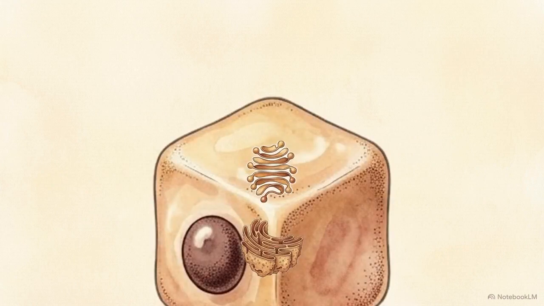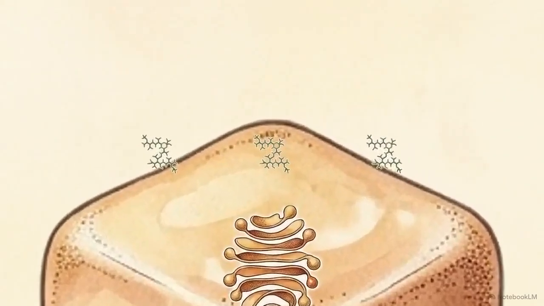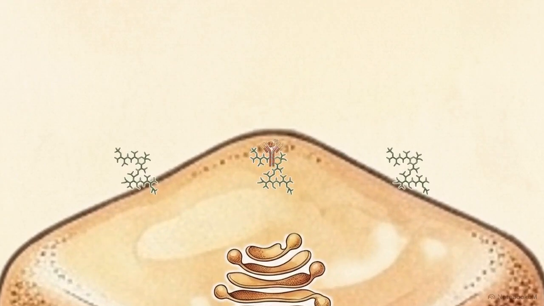Inside the cell, uromodulin is synthesized in the endoplasmic reticulum, processed through the Golgi apparatus, and routed directly to the apical membrane facing the urinary lumen. Here, the protein is physically tethered to the outer cell membrane using a GPI anchor. A GPI anchor is a glycolipid structure that secures proteins to the external surface of a cell's plasma membrane.